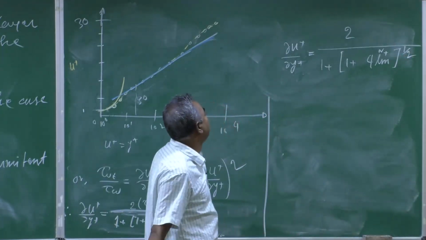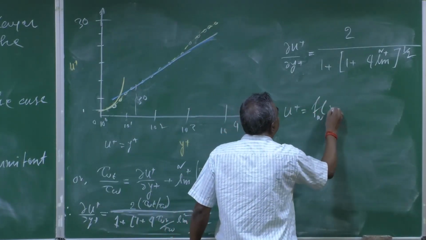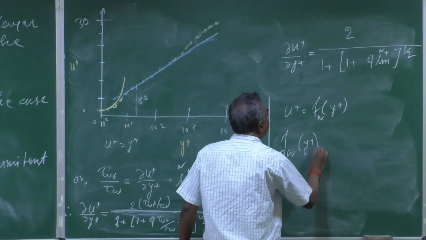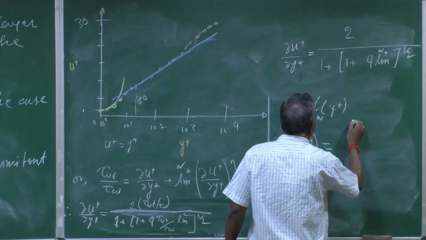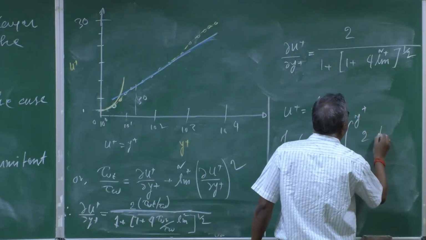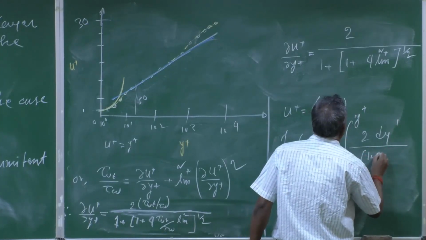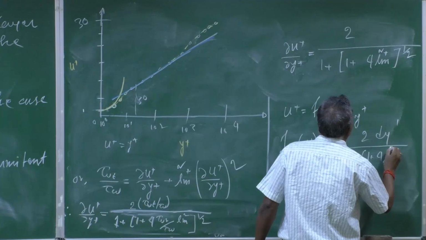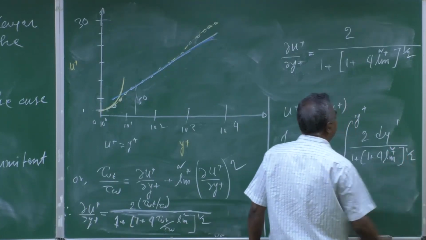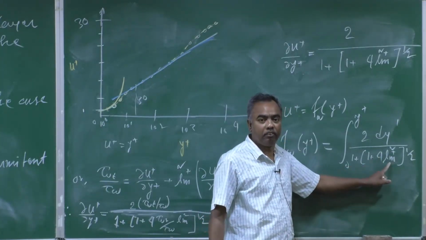From this you can find u plus is a function of y plus, where that f_w(y plus) can be given as the integration from 0 to y plus of dy by (1 + 4 Lm plus squared) to the power half. Note that Lm plus is a function of y itself.